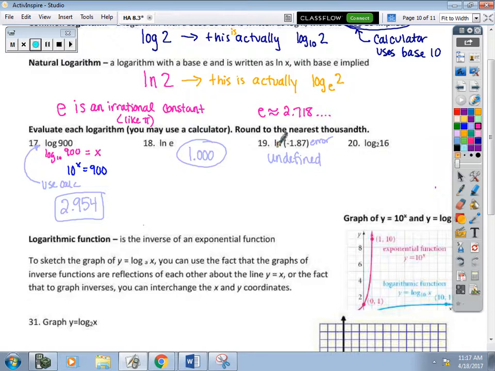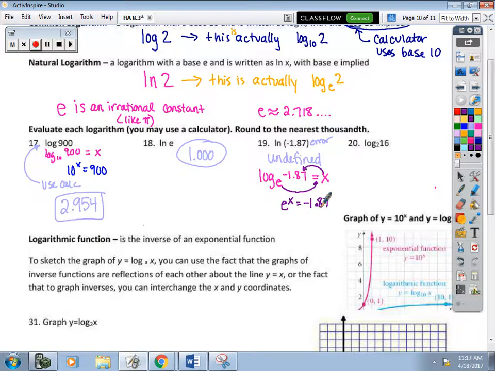If we were to rewrite this and try to do it by hand, remember the natural log is really log base e. So log base e of negative 1.87. Now to evaluate this by hand, we would set it equal to something unknown, x. Then we would change to exponential form. e to the x equals negative 1.87.